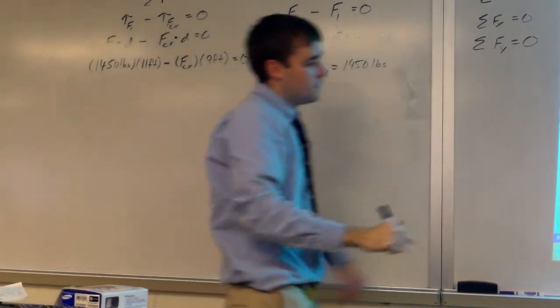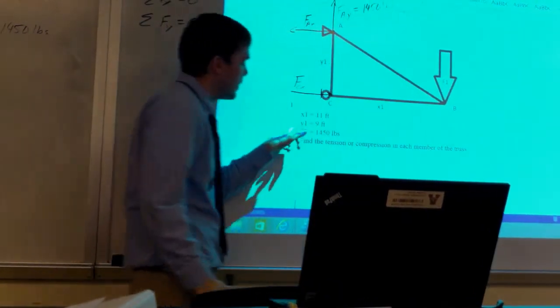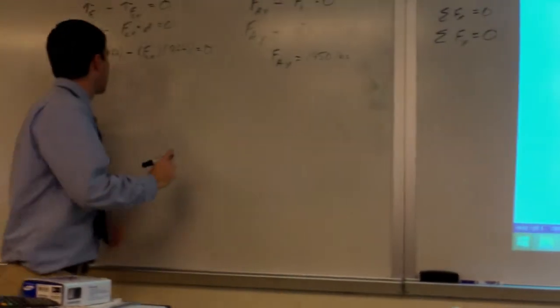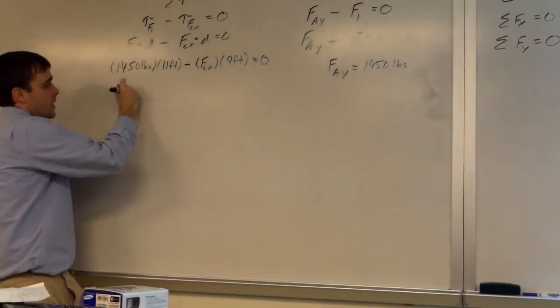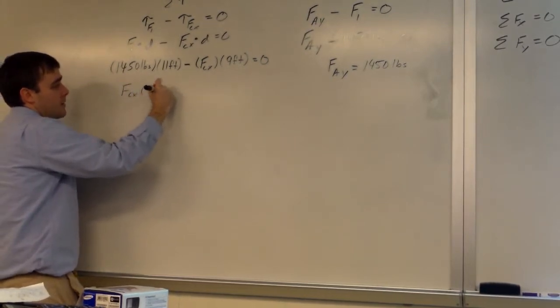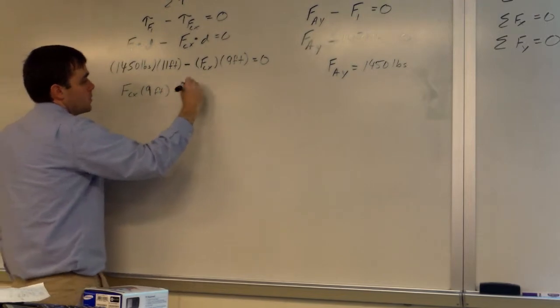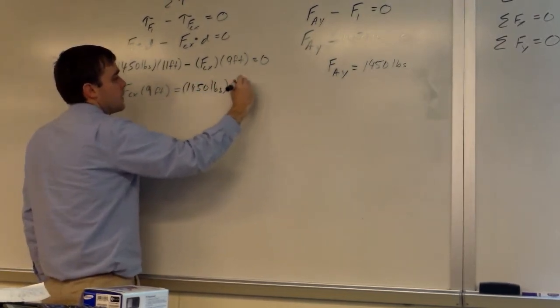That equals 0. Again, we start here, go perpendicular, and we get to the pivot point this time, and Y1 is 9 feet. So now we're going to say FCX times 9 feet equals 1450 times 11 feet.